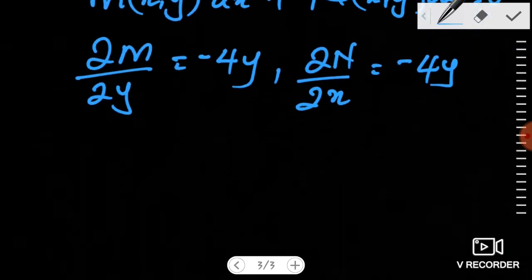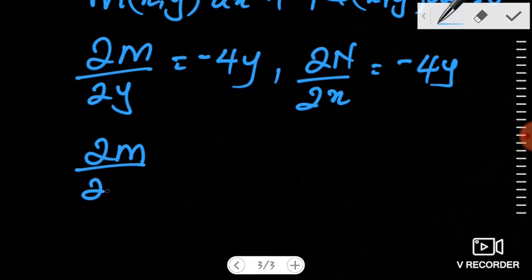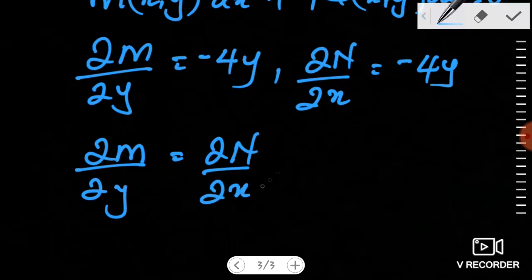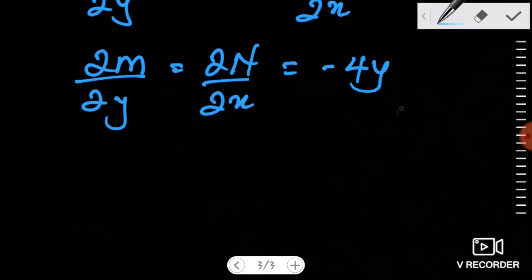Now, if you look at this carefully, partial M with respect to y is equal to partial derivative of N with respect to x, and this is equal to negative 4y. And therefore, the differential is exact.